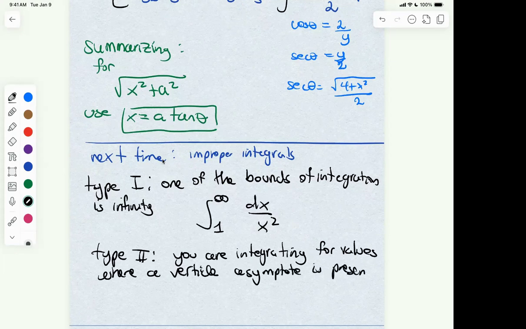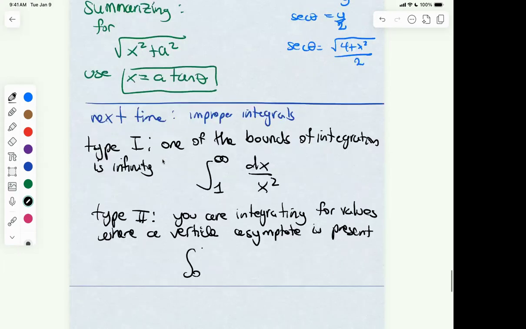The example here would be the integral from 0 to 1 of 1 over x, because 1 over x wants to become infinity at x equals 0. So that's kind of a bad thing.